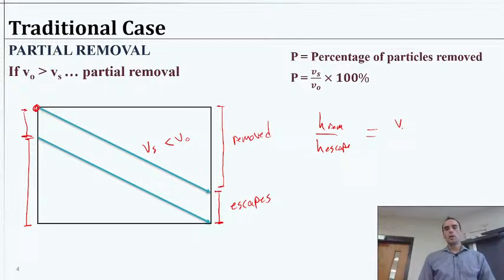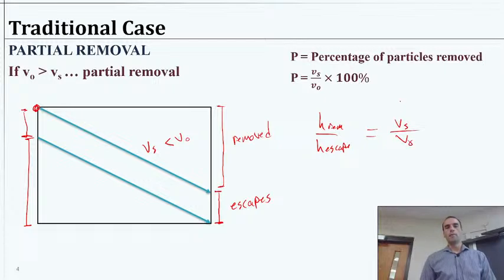So this would be the stuff that's removed. That should be Vs, I think. Let's see. No, that should be the V naught. Yeah, no, that's right. I have it right.